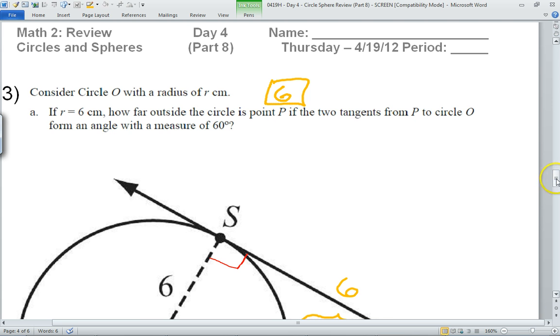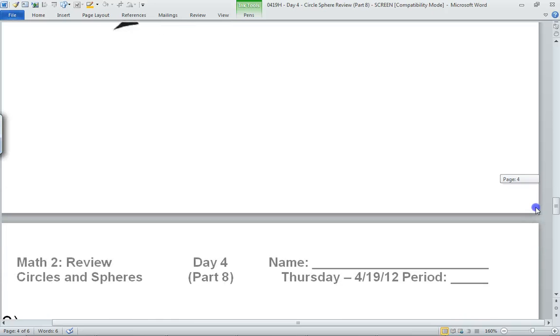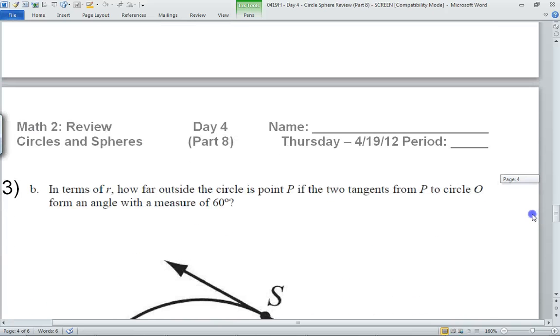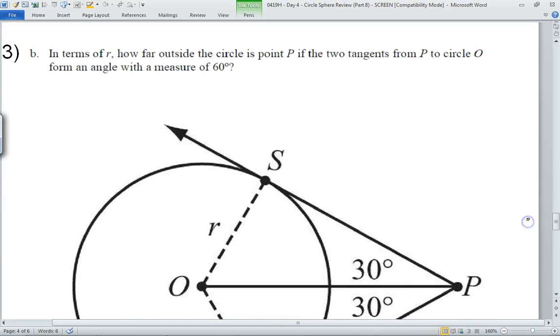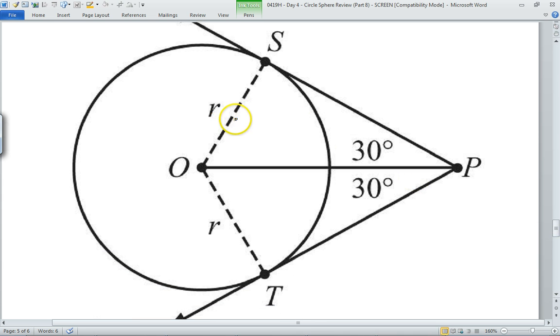Alright, well that was part A. What about part B? Is there a part B? Okay, looking at part B. In terms of R, how far outside the circle is point P under the same circumstances? So we're still being asked for the same thing, just we're not going to use the 6, we're just going to leave R in the answer this time.